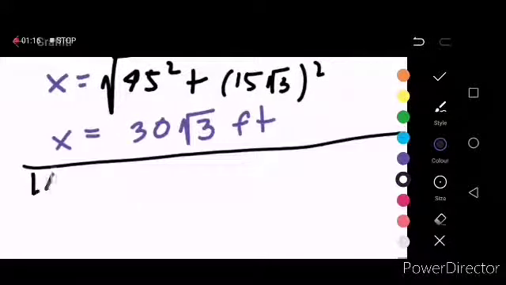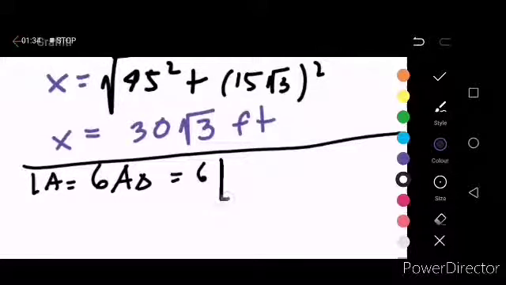So the LA is just equal to what? 6 times the area of one of the triangular faces. Tama? At syempre, hindi natin patagalin, 6 times 1/2 base times the height.